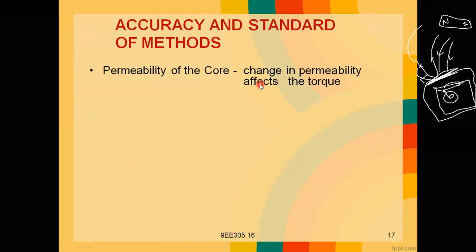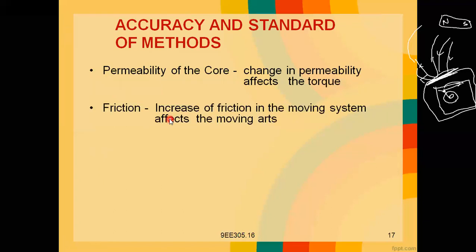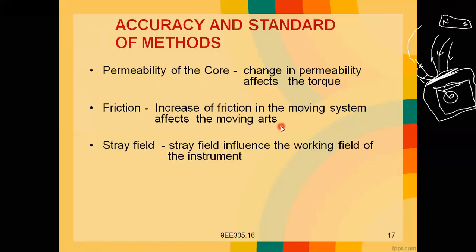Permeability of the core: change in permeability affects the torque. And friction: increase in friction in the moving system affects the moving parts, that means moving system. Stray field influences the working of the instrument.